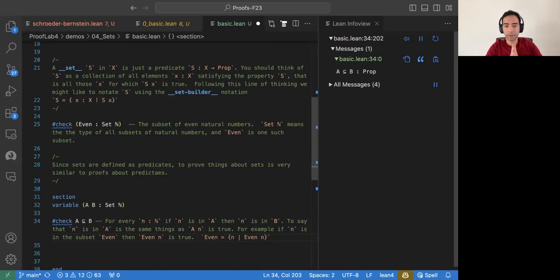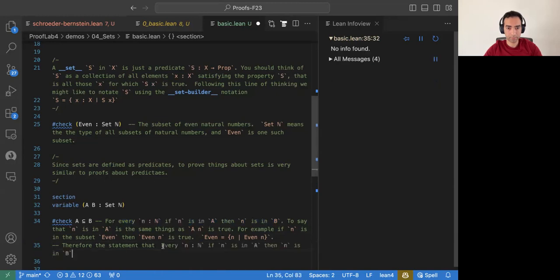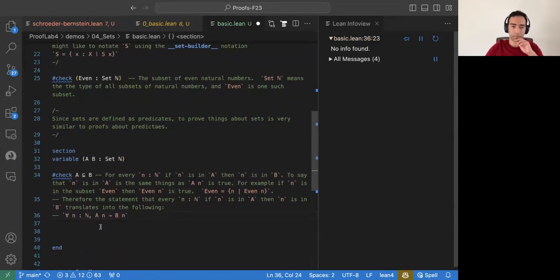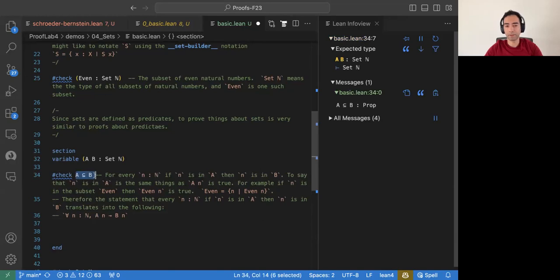Now with this interpretation, let's translate what Langi said, which is for every natural number n, if n is in A, then it's in B. Therefore, the statement translates into: for all n, if A of n is true, then B of n is true. So that's the meaning of A being a subset of B.